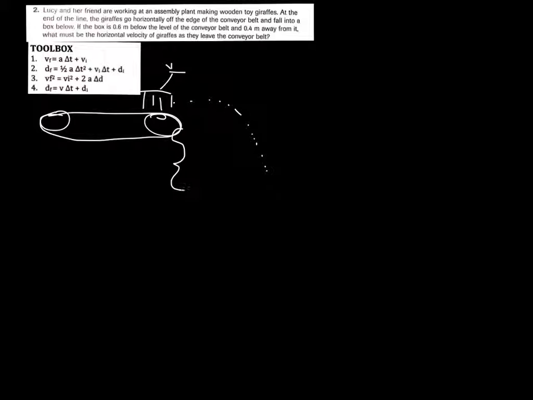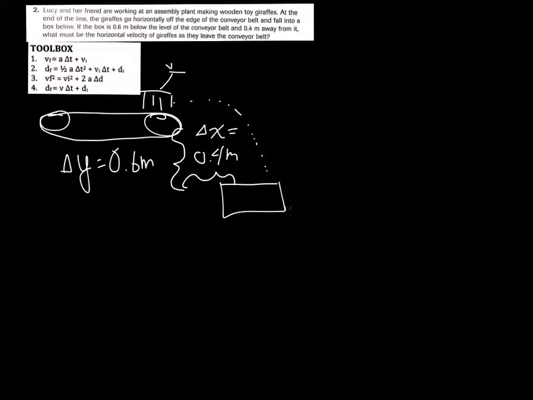So we're looking for a vertical change of 0.6 meters, and the box is 0.4 meters away, and that's my change in the x direction. My box is going to be right about here. So it's falling 0.6 meters, and while it's falling, it's also moving outward 0.4 meters.